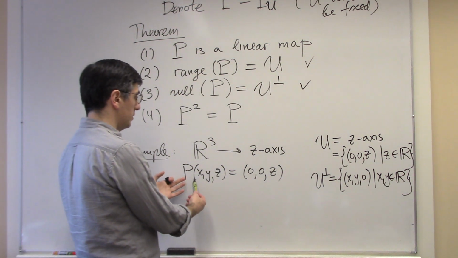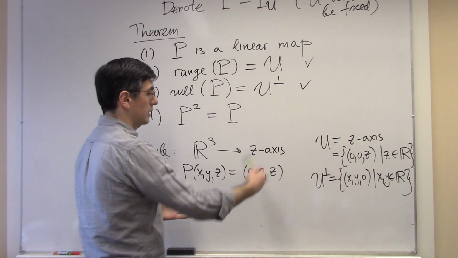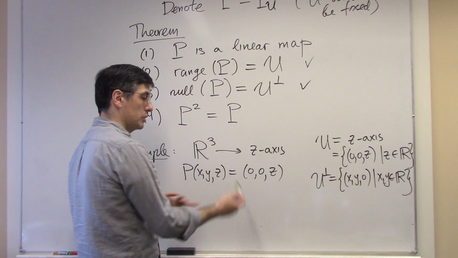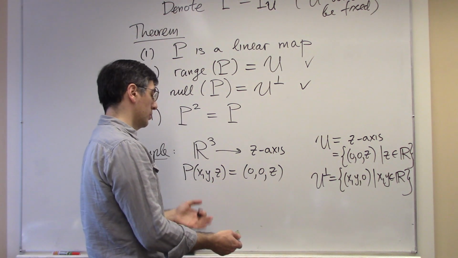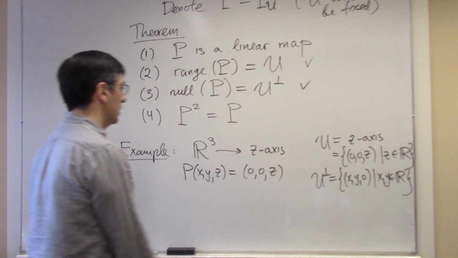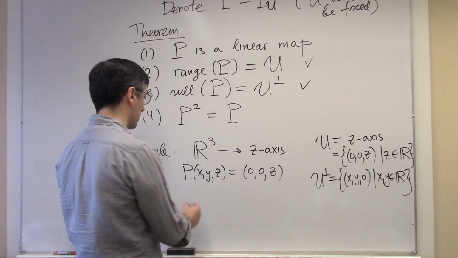And then finally, if you project x, y, z to 0, 0, z, and then apply P once more, you don't do anything, because you already put zeros in the first two coordinates, so you can replace zeros by zeros and you get the same vector back, right? So that's the argument.